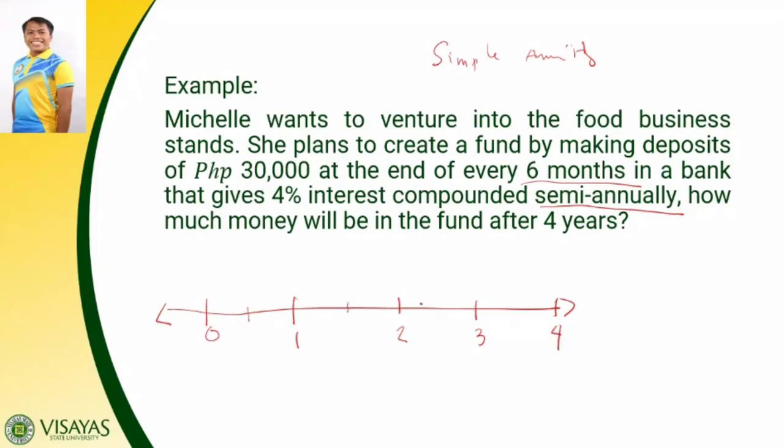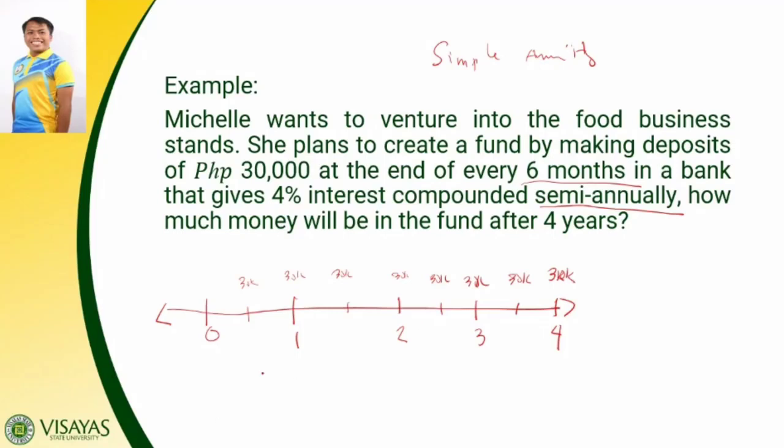And then every 6 months, Michelle will be depositing an amount of 30K: 30K, 30K, 30K, and so on until the last 30K. So that is 1, 2, 3, 4, 5, 6, 7, 8 payment periods.